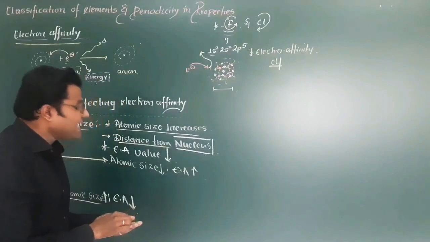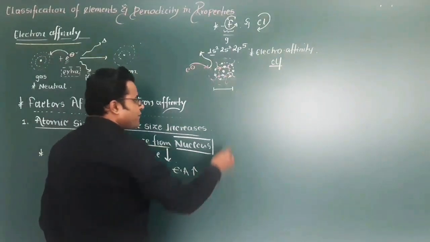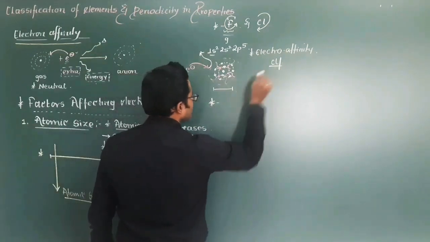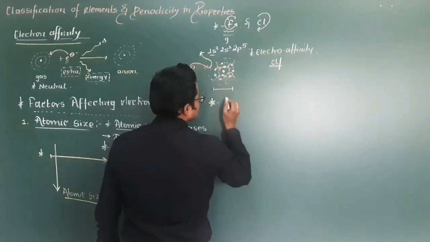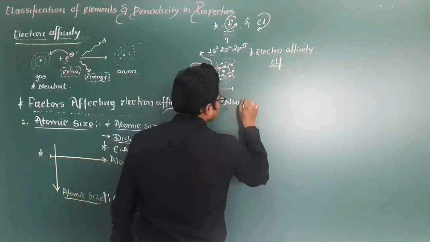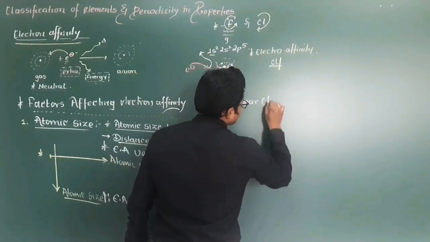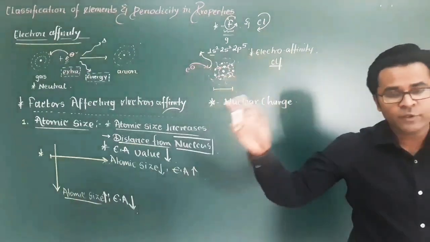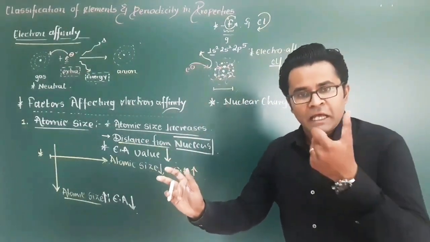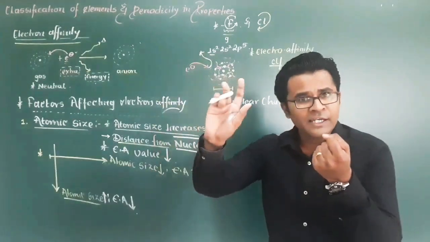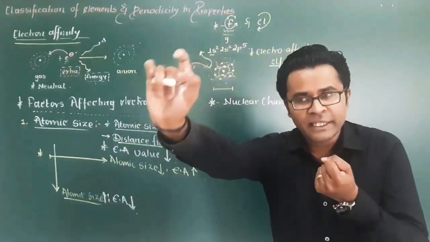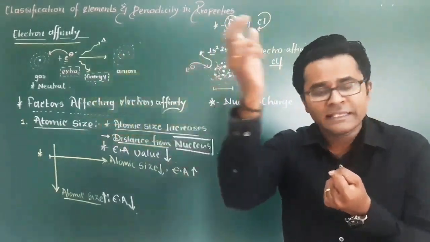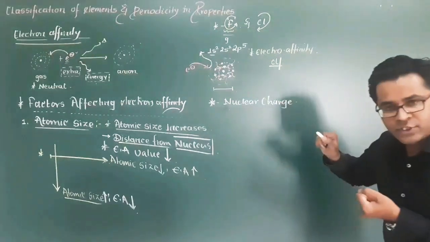Correct? The second factor which is going to affect is the nuclear charge. Now, nuclear charge is nothing more than how effectively our nucleus can attract the outermost electron. How strongly it can attract the outermost electron is called the nuclear charge.